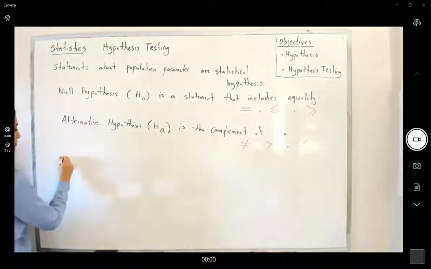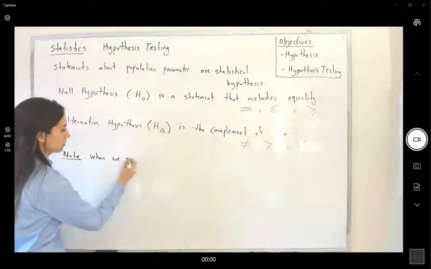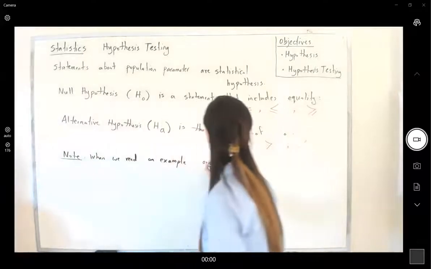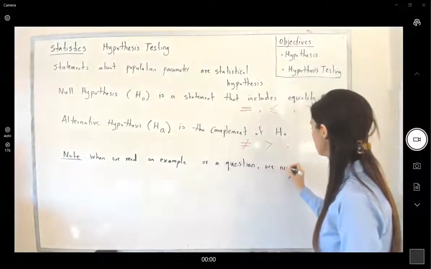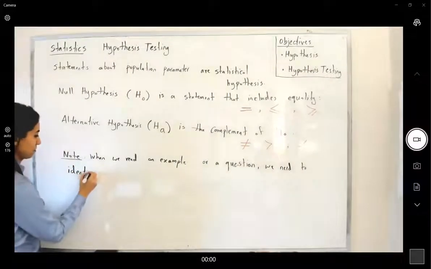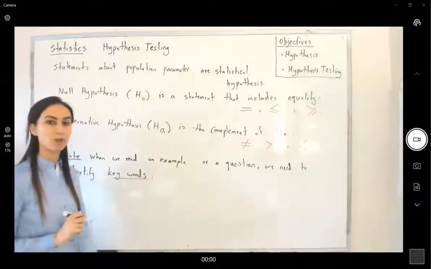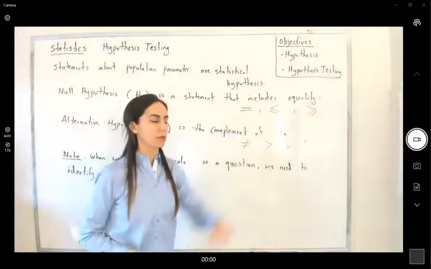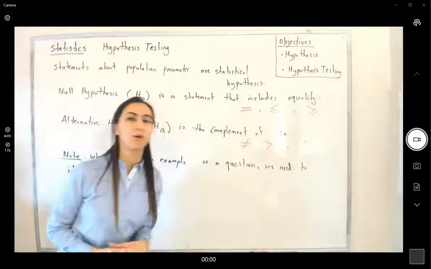So note that when we read an example or a question, we need to identify keywords. Keywords: equal to, is, less than or equal to, greater than or equal to. They are not equal, greater than, or less than.